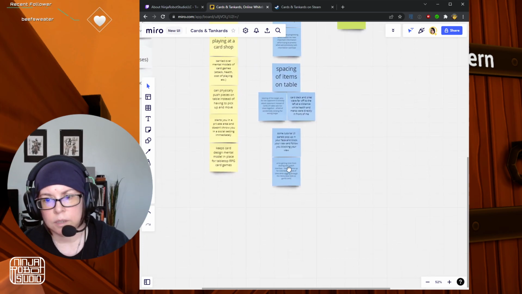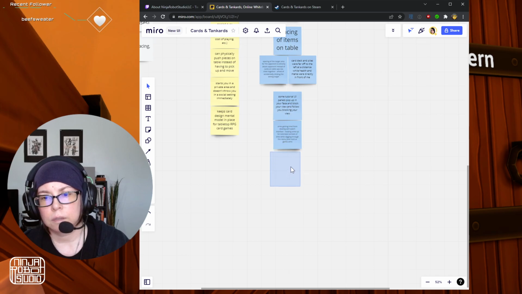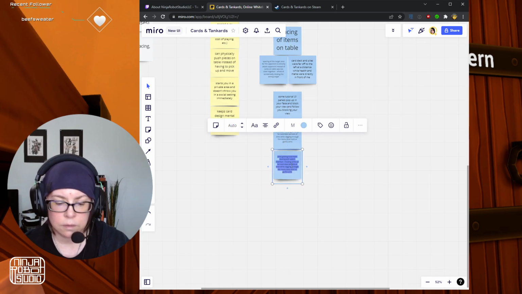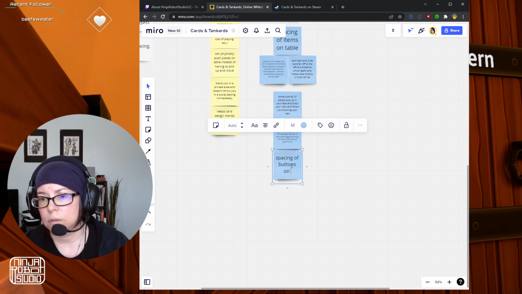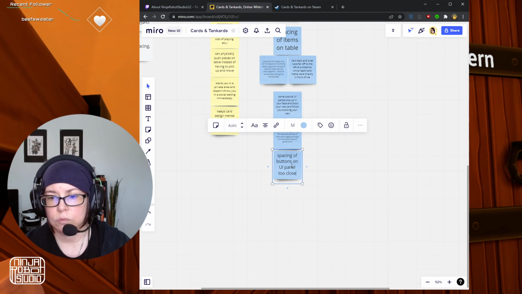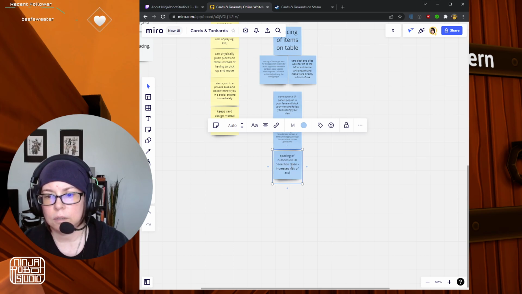Spacing of the buttons on the UI panel: too close. Increased risk of accidental clicks.